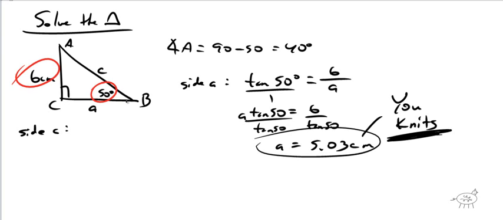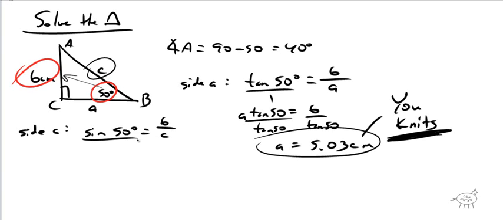And so side C, again, using that 6 and that 50 degrees, what trig function are you going to use? Well, 6 is opposite of this, right? So I can use opposite, and I'm looking for hypotenuse. Which one's opposite and hypotenuse? It's sine. So sine of 50 degrees equals 6, opposite, over hypotenuse.